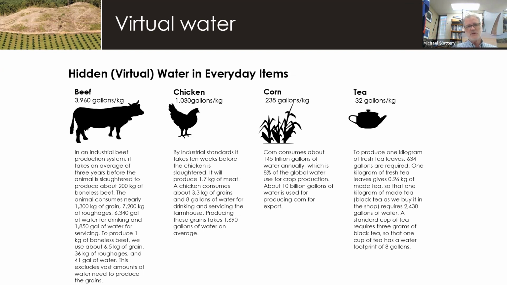So for example, if you just look at beef on the left-hand side there, it takes about 4,000 gallons of water per kilogram of beef, okay? Because the cows have to drink, then you've got to grow the crops and grow the foods and everything. So hidden or virtual water in everyday items is just an important part of the conversation that we have in terms of sustainability of water.